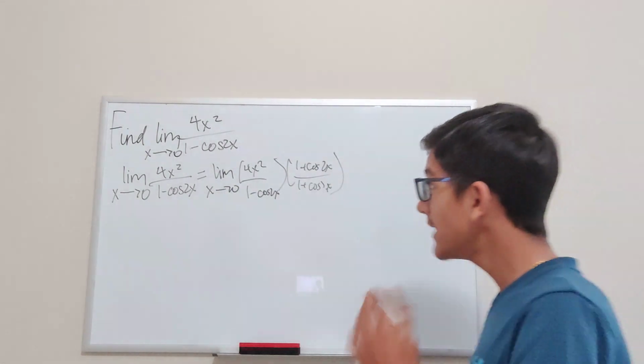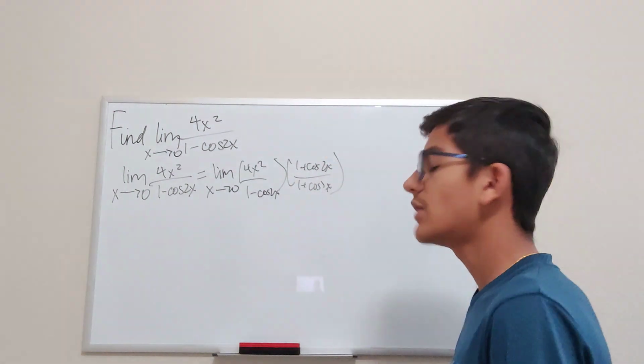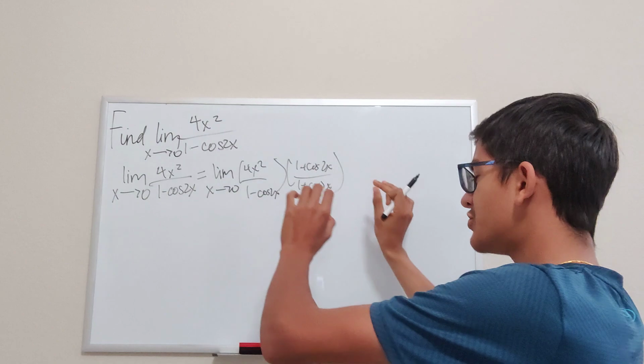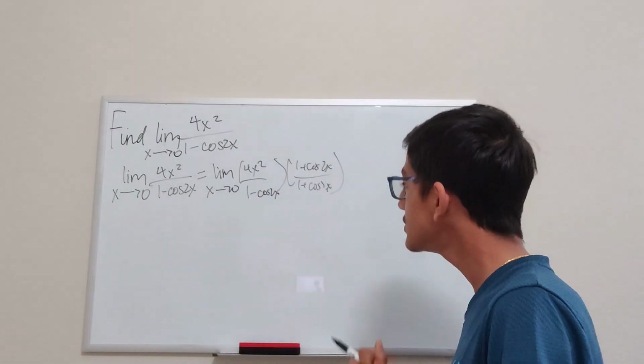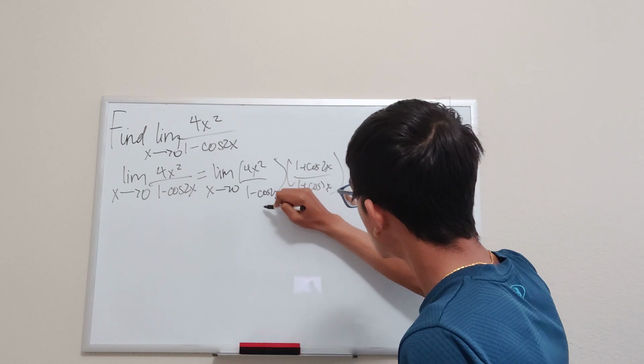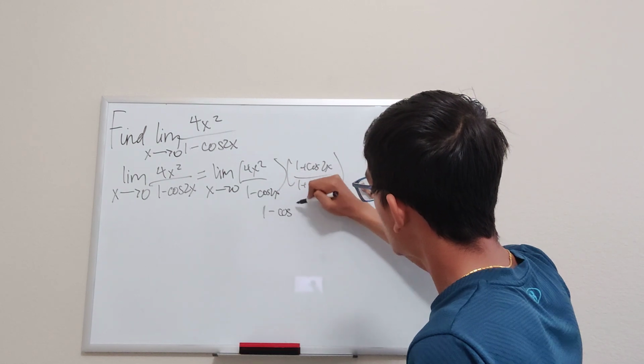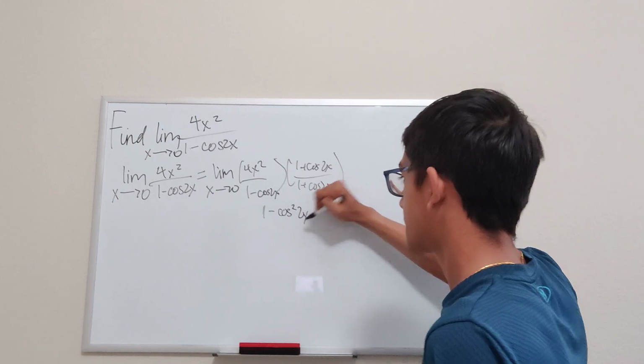Now that you've multiplied by the conjugate, the top is not really much. You just want to keep them as two separate factors, but the bottom can be rewritten as 1 minus cos squared 2x.